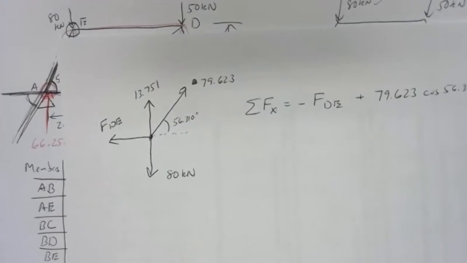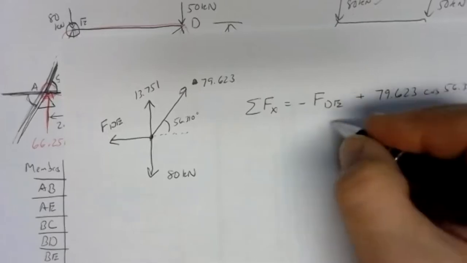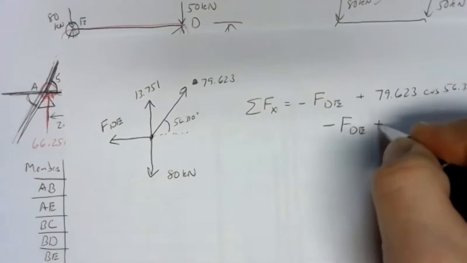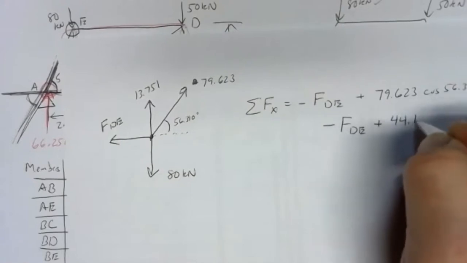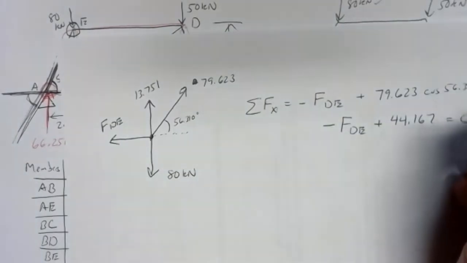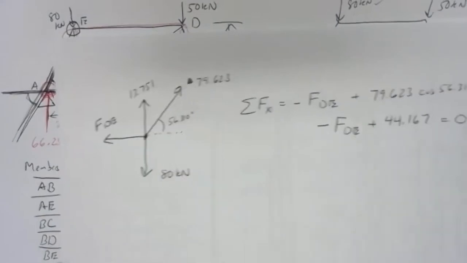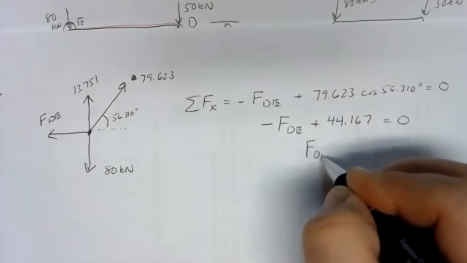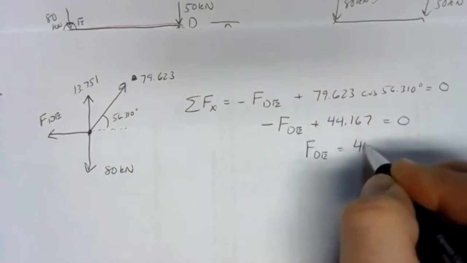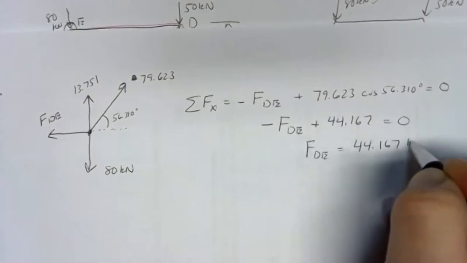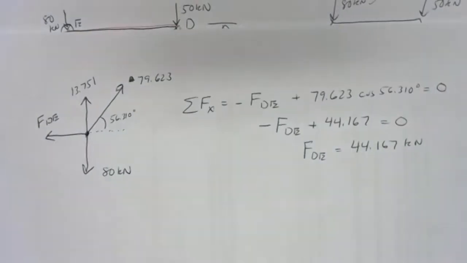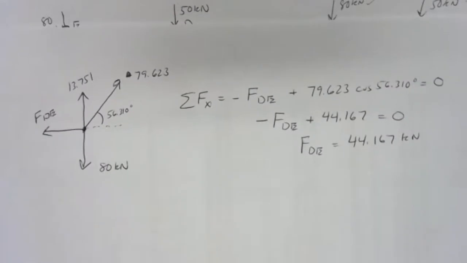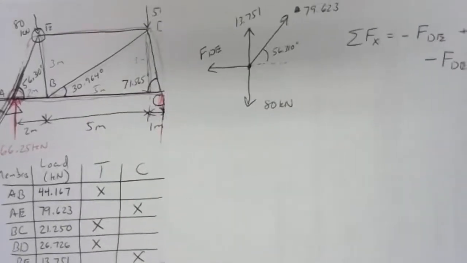That's 44.167. So we have negative FDE plus 44.167 equals 0. And if you add FDE to both sides, you'll get FDE equals 44.167 kilonewtons. So we can go over to our table and fill that in.